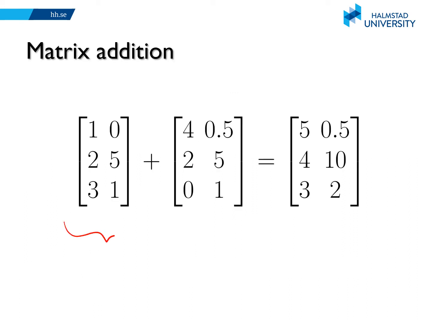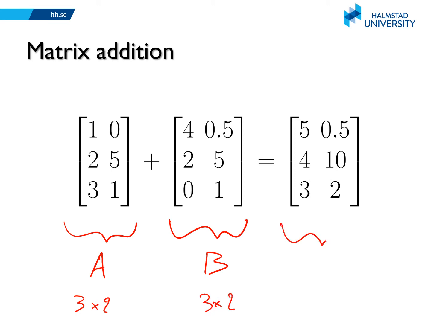If you have two matrices A and B of the same dimension, for example, 3 rows and 2 columns, and here also 3 rows and 2 columns, then you can add them and get a matrix A plus B, which also has 3 rows and 2 columns.